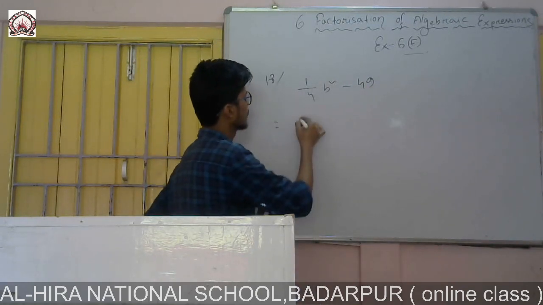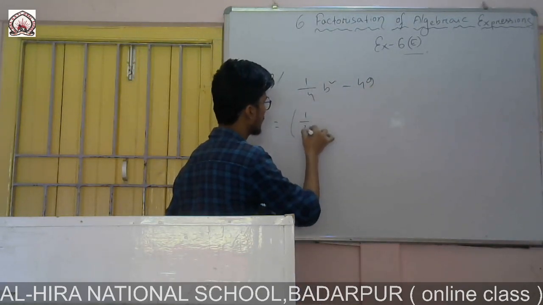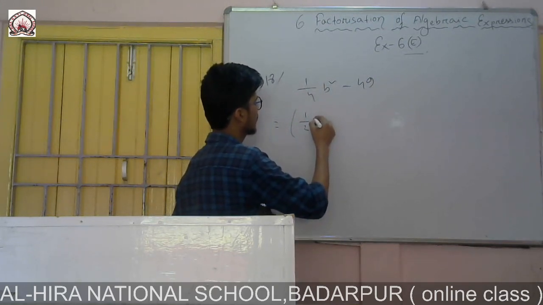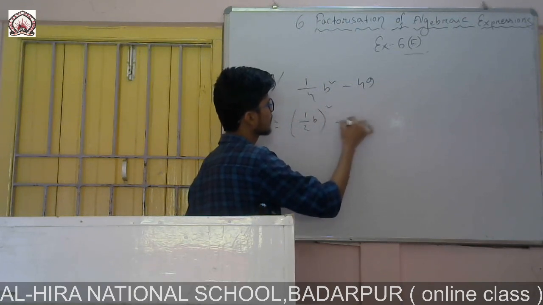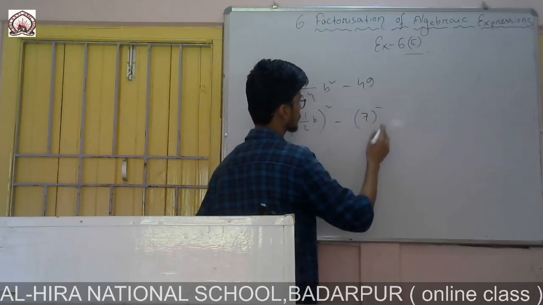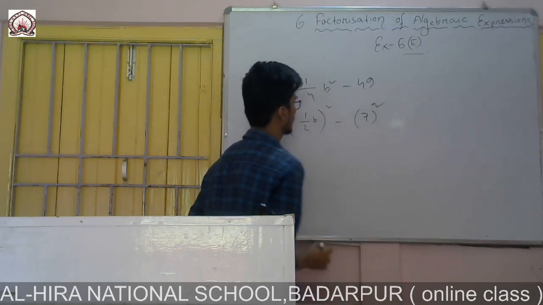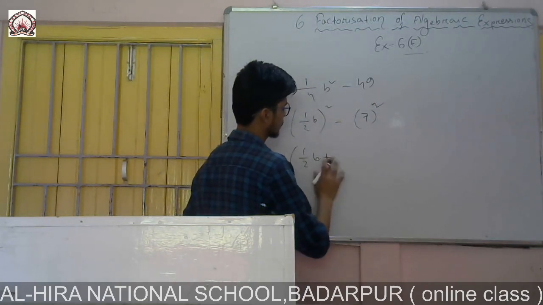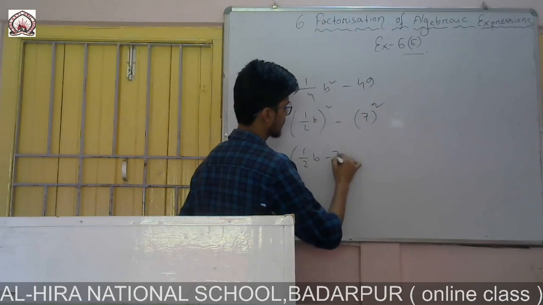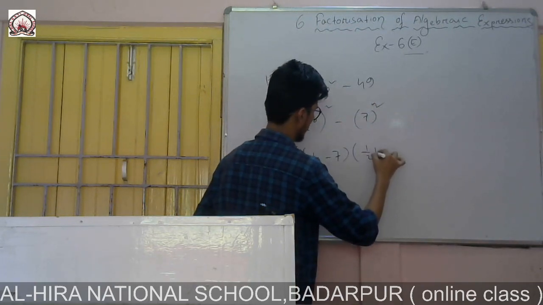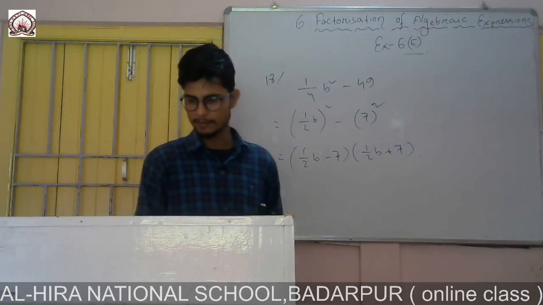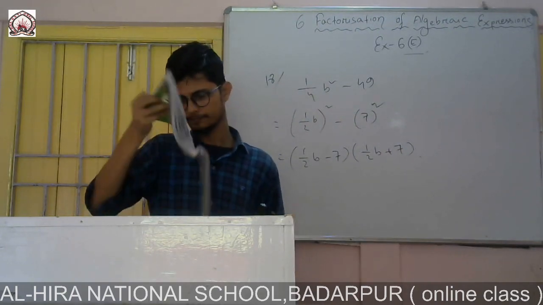Look here, I can write 1 by 4 as 1 by 2 whole square, since 2 square is 4 and 1 square is 1, and 49 as 7 square. So now I can write this as a minus b and a plus b.